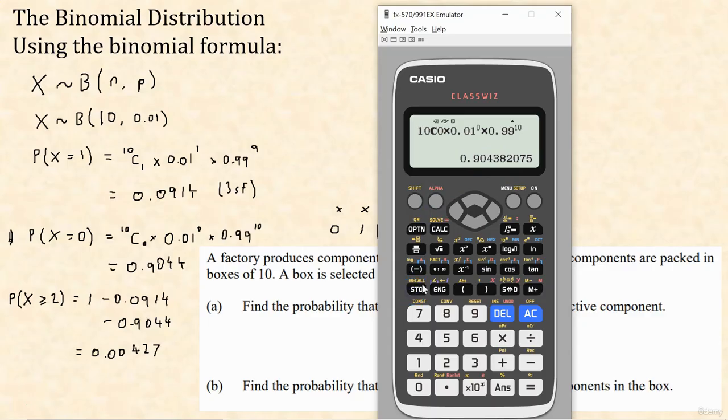I'll go to store, and I'll store this one as B. Now A is the answer to the first question, and B is the answer to the first bit of the second. So I've got the probability of it being 1 stored as A, and the probability of it being 0 stored as B. When I did 1 minus each of those, I can now say 1 minus A minus B, and that's how we get the nicely accurate answer. If we used our rounded answers, it wouldn't have been quite such an accurate answer. So do that if you can.